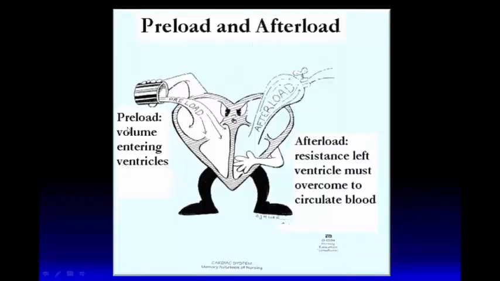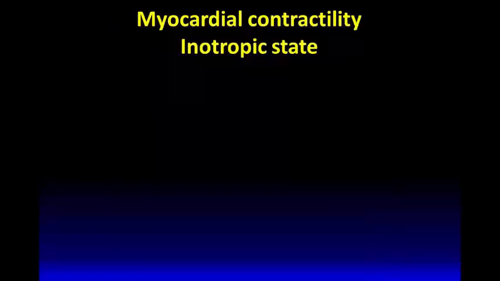So the preload is the volume which enters the ventricles during diastole, while the afterload, this is the resistance which the left ventricle meets when it begins to contract, and it has to overcome this resistance in order to eject blood into the circulation, into the aorta. The third factor which affects stroke volume is the inotropic state of the myocardium, which is known as myocardial contractility.